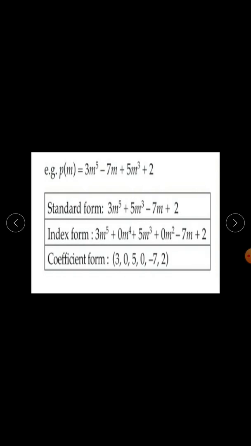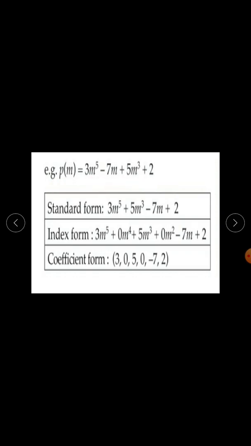For example, p of m. Polynomials are written as p of x, q of m, r of y according to the variable used, and here the variable is m. Therefore the polynomial is p of m. So p of m equals 3m raised to power 5 minus 7m plus 5m cube plus 2.